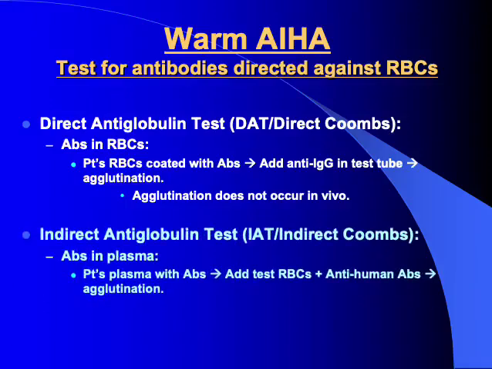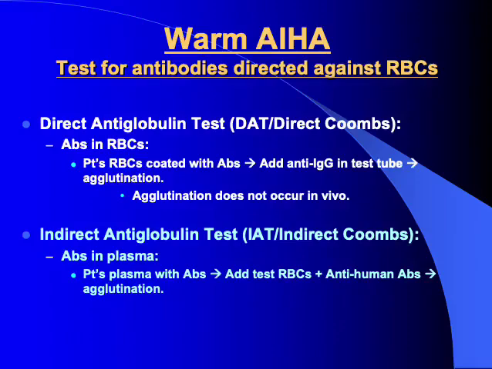The other test is indirect antiglobulin test or IAT or indirect Coombs. Here the situation is different. The antibodies actually are present in the plasma. For direct Coombs, the antibodies are present on the RBCs. So here the antibodies are present in the plasma.